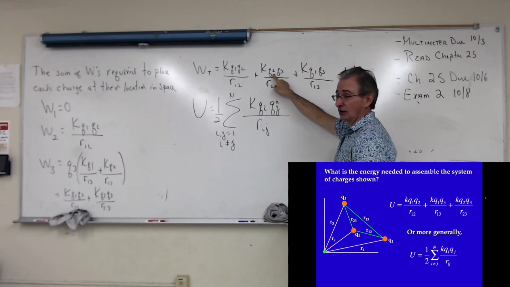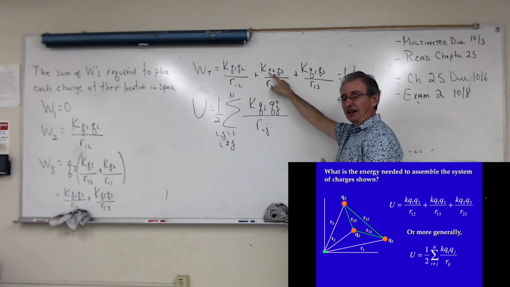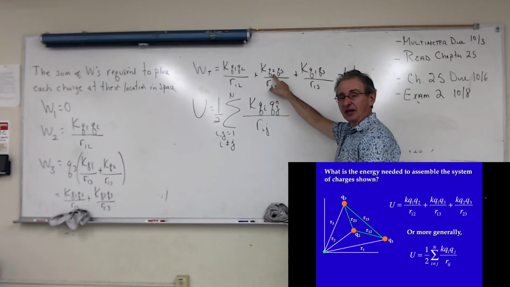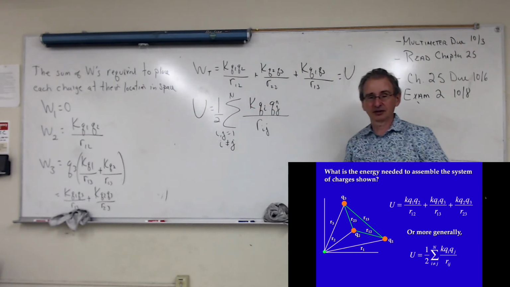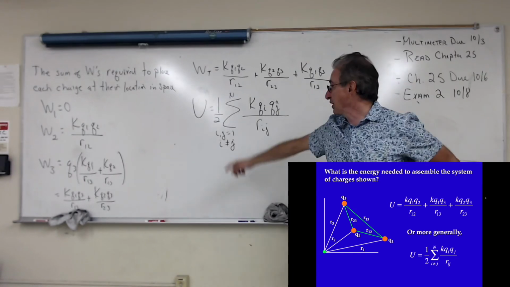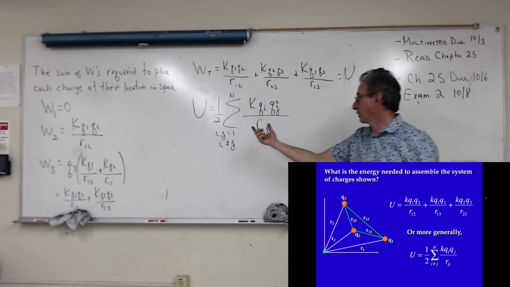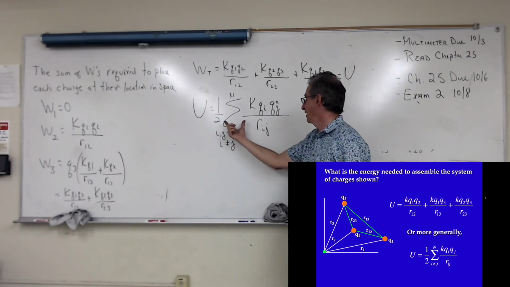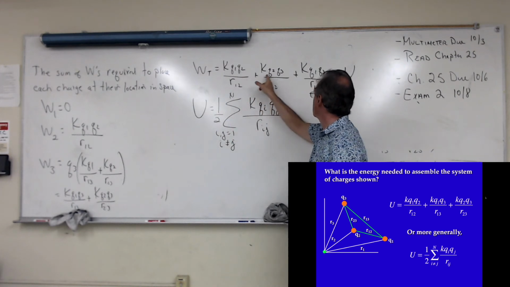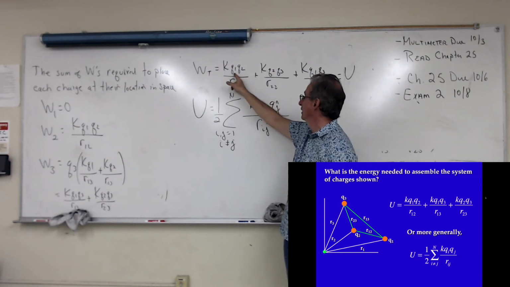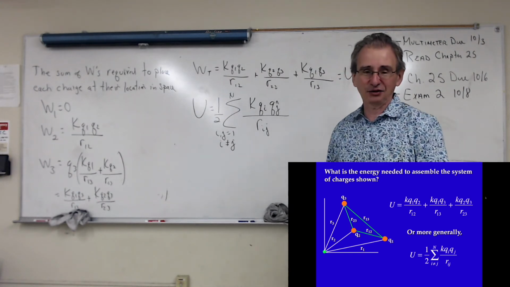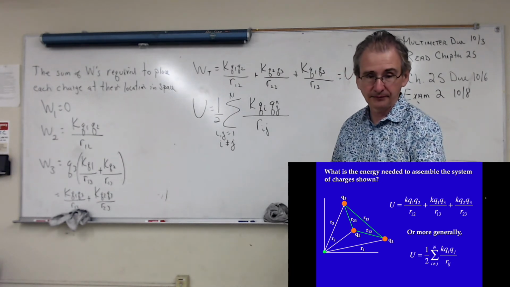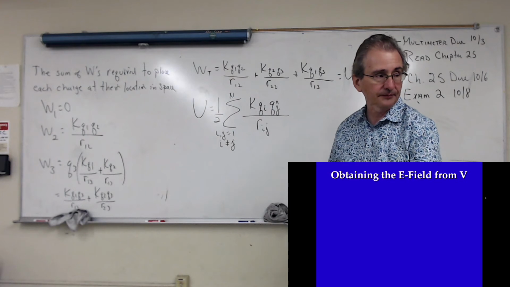Because the computer is going to treat k q2 q3 and k q3 q2 as different things, even though they're not. So each one of these terms will be counted twice. That's why you have a 1/2 there. If you write code to program this, the computer is going to count this one twice, and this one twice, because the computer is going to say 1,2 and 2,1 are different. So you've got to take that into account. Okay.